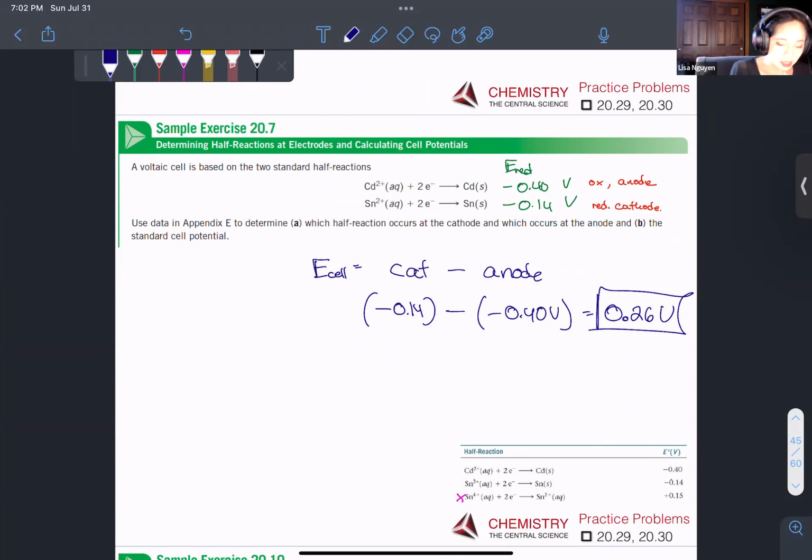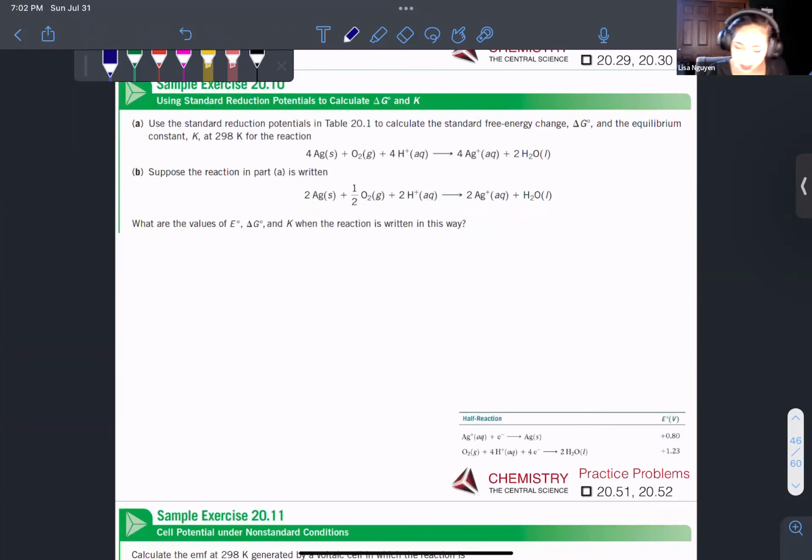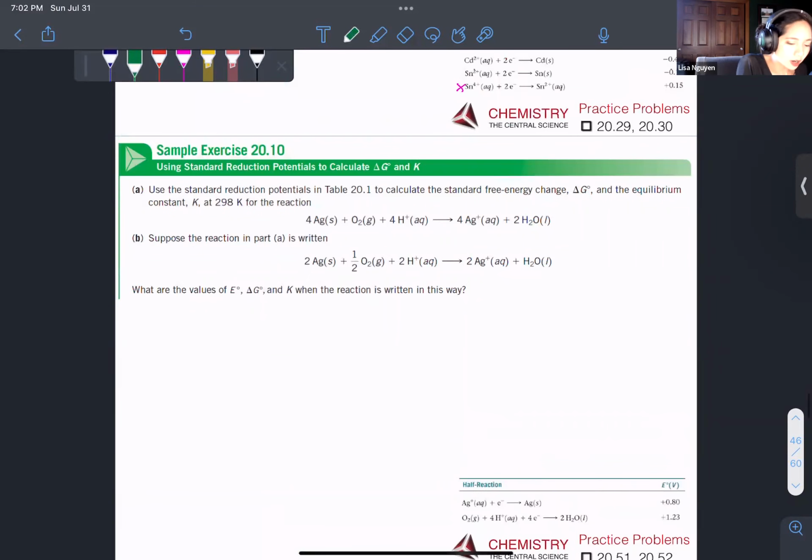So positive cell value. All right, so this next question: use the table values that I give you to calculate the free energy change, delta G, and the equilibrium constant at 298 Kelvin. We already talked about how we calculate cell potential: cathode minus anode. But we also can relate cell potential to Gibbs free energy.